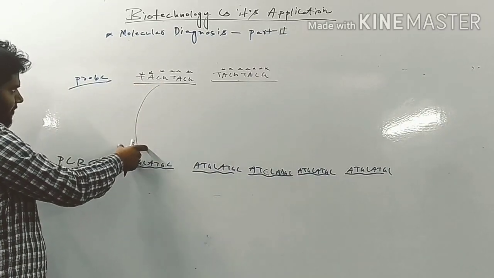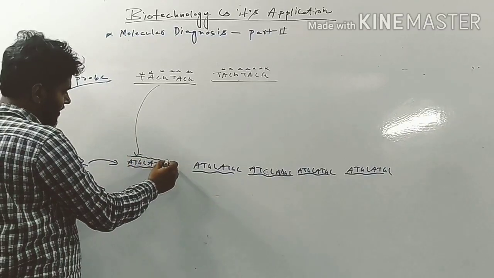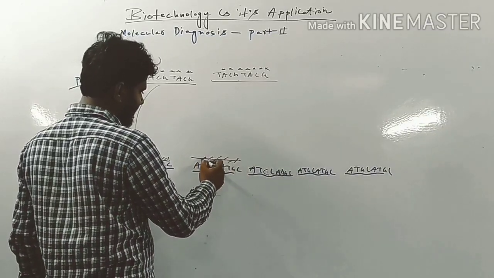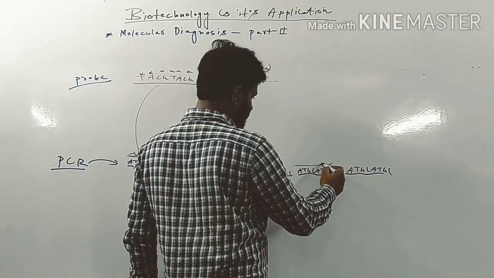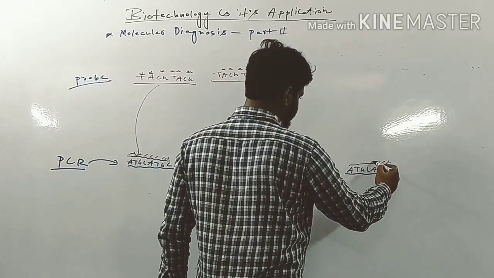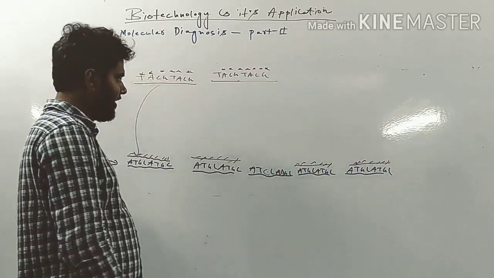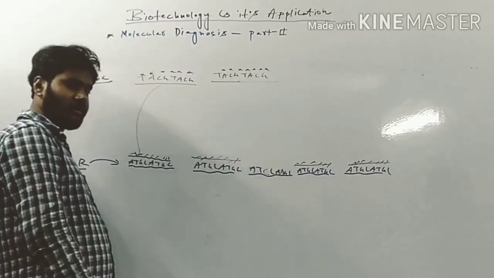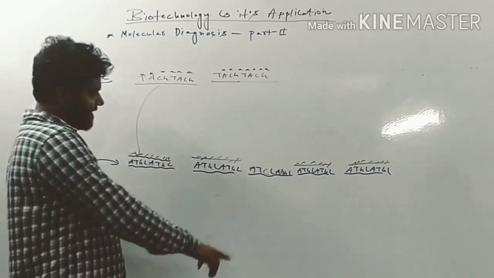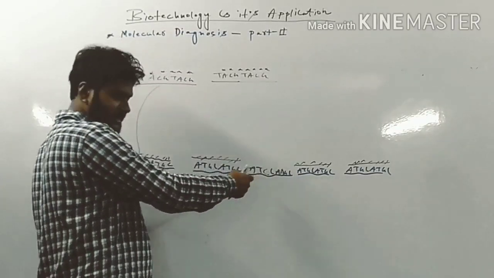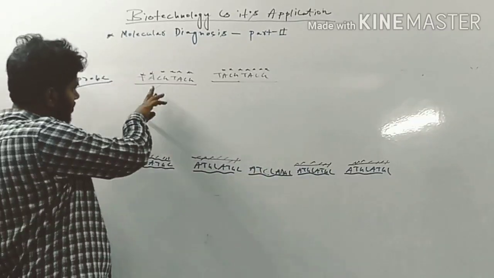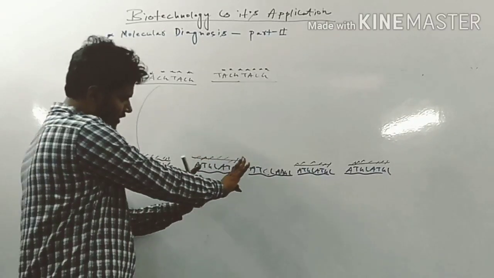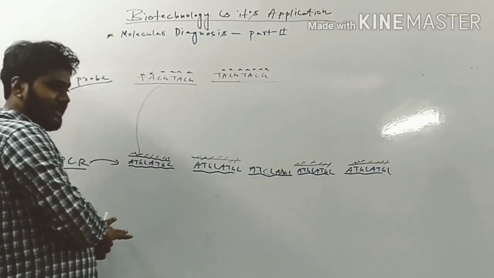This probe will attach with this as this is complementary, and also with this, this, and this. But this probe will fail to attach here because a mutation has occurred, and the nucleotide base pairs have changed. So the probe will not be complementary here, and they will not bind. There will be no hybridization of the DNAs.